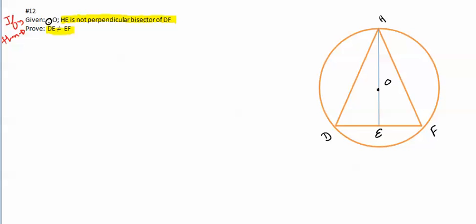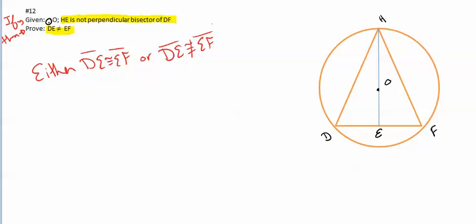So again, if we think about that, there's only two really possibilities. Either DE is going to be congruent to EF, or DE will not be congruent to EF. But let's assume that it is.